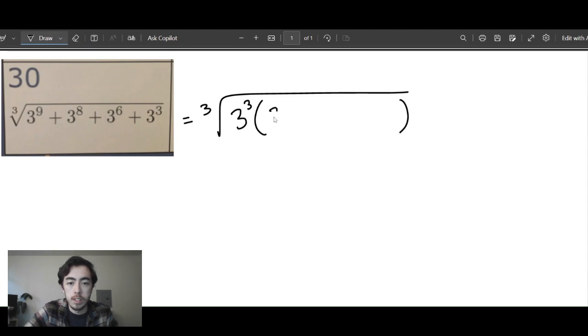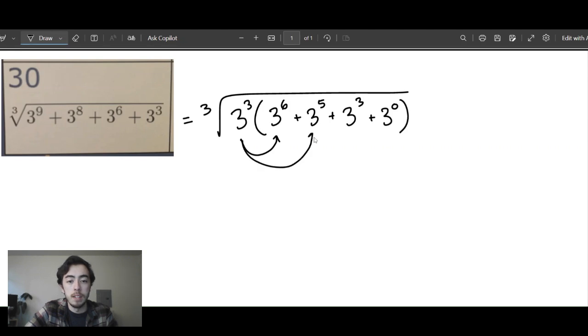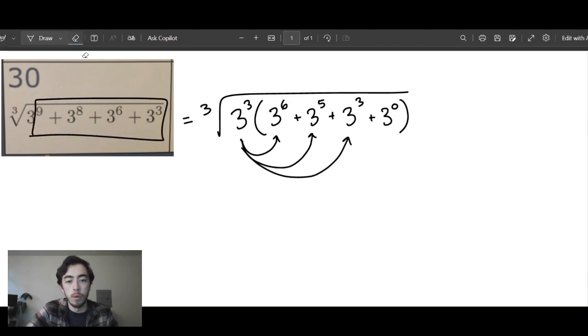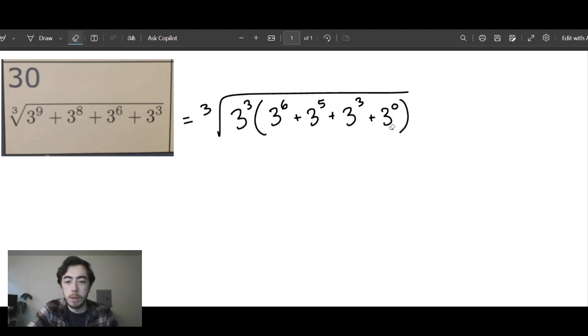I have 6 more 3's here. I have 5 more there. I have 3 more there, and then I have none here. And so you could maybe imagine if you distributed this 3 cubed back in, then you would return back to what we had before. And I guess 3 to the power of 0, that's just 1. That just represents no 3's being multiplied together.